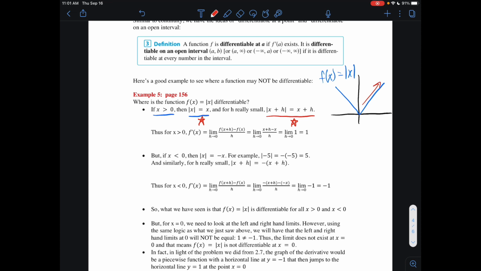Because the derivative of a linear function just gives you the slope, which is positive 1.